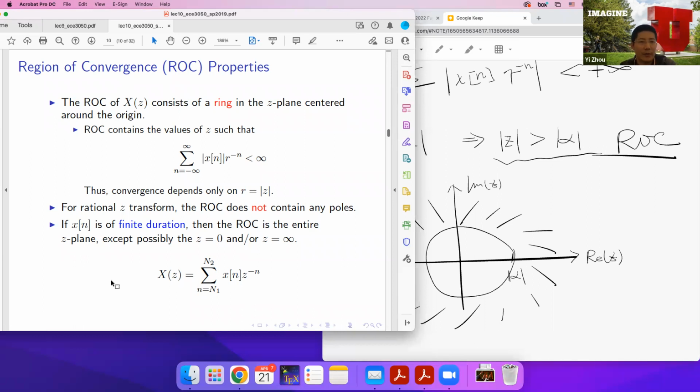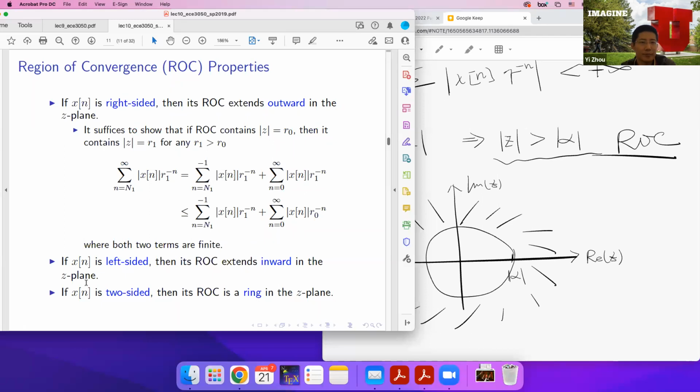Okay, so these are the basic properties. And then the rest of the ROC properties are very similar to the ROC properties of the Laplace transform.